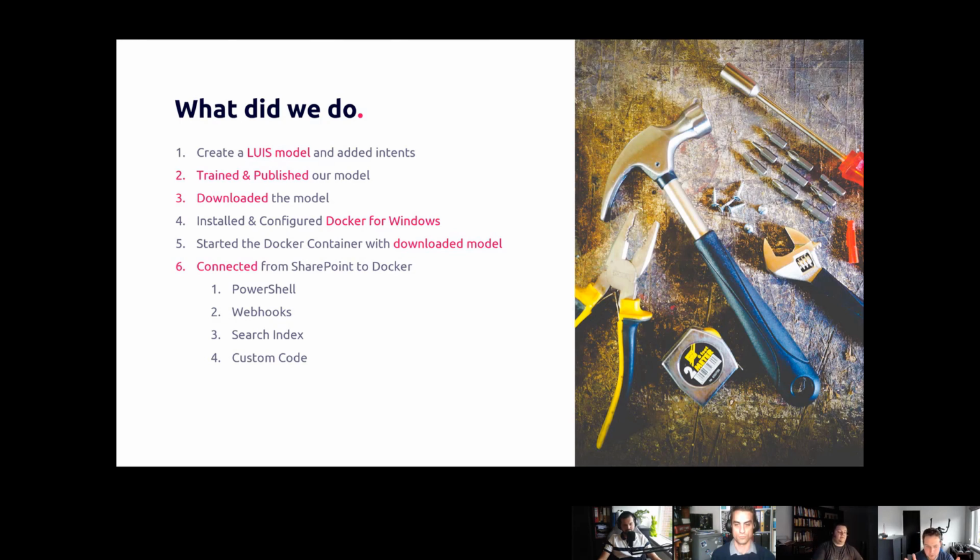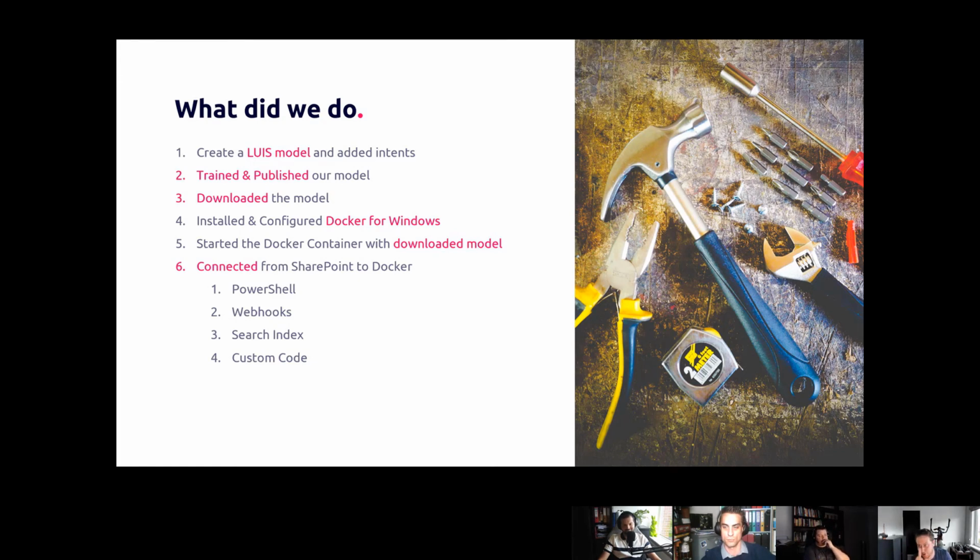But it's pretty straightforward. What we did: we created a LUIS model. We started in the cloud. I really like the fact that it is so easy to start. I'm not a data scientist. Rutger did graduate on the AI part, so he actually understands what he's doing. I'm just clicking in a portal and watching the webinar.